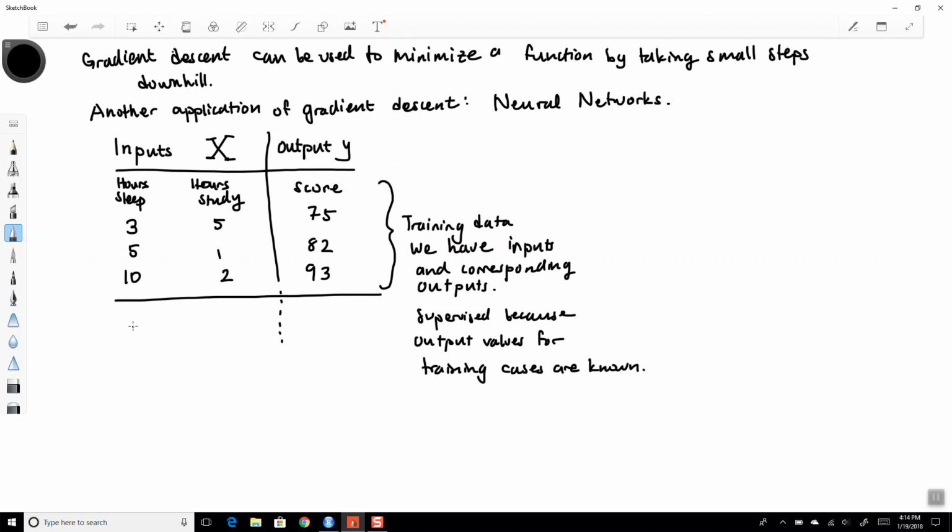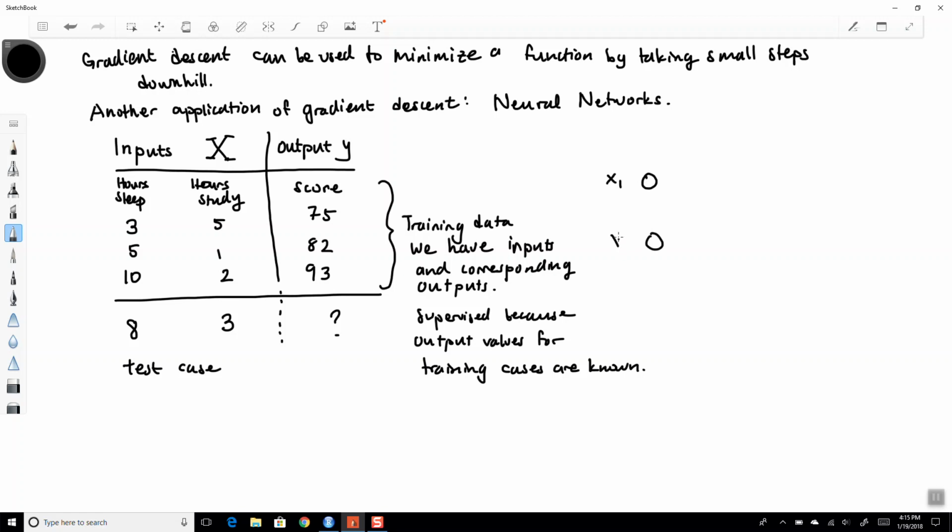Then we would have some kind of test case, where we have the inputs but we don't know the output. This would be our test case. The way the neural network works is we ask how many inputs we have. We have two inputs, x1 and x2.